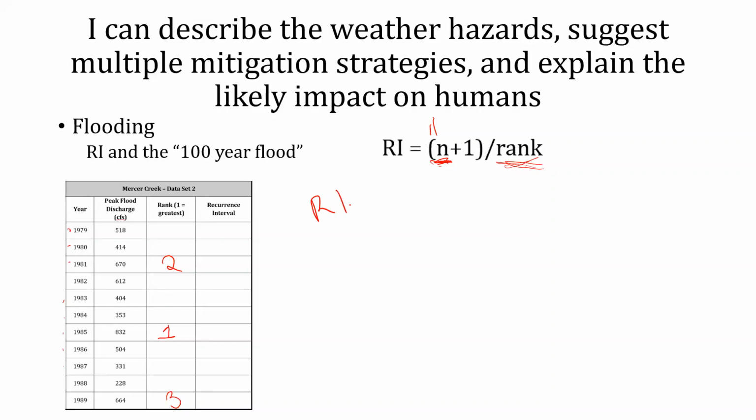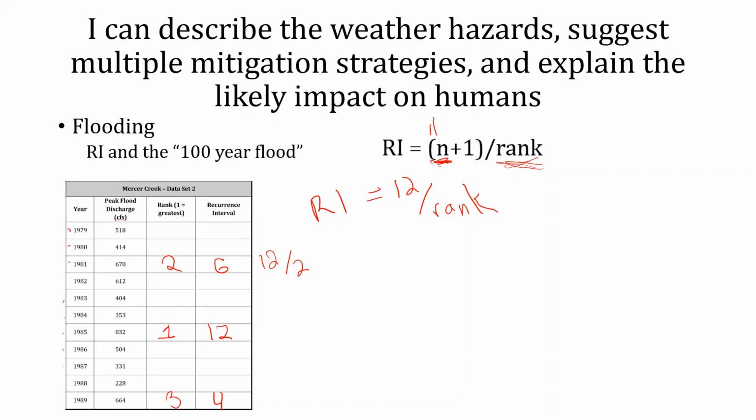So the recurrence interval equals 12 divided by rank. So for the rank of 1, the recurrence interval is just 12. For the rank of 2, the recurrence interval is 12 divided by 2, which is 6. The recurrence interval of 3, that would be 12 divided by 3, which is 4. And so on and so forth.